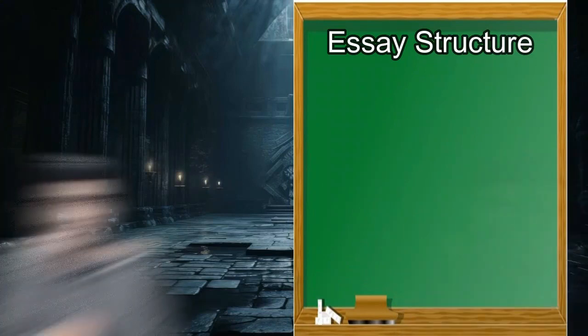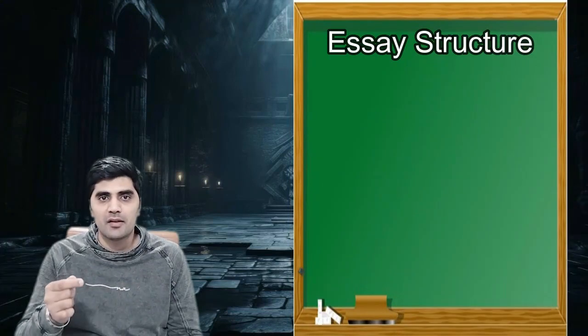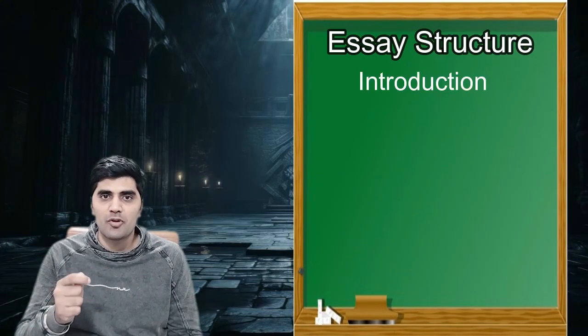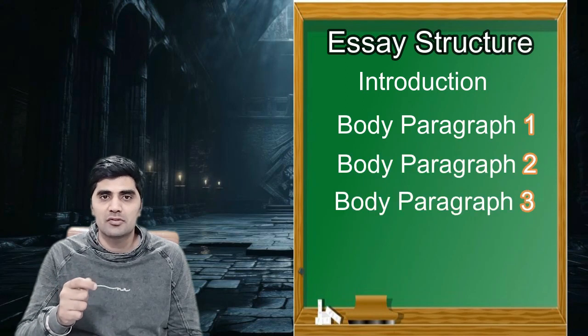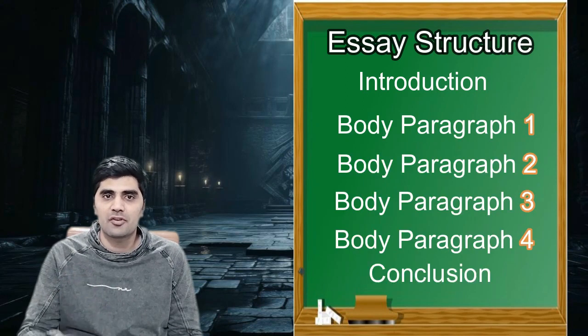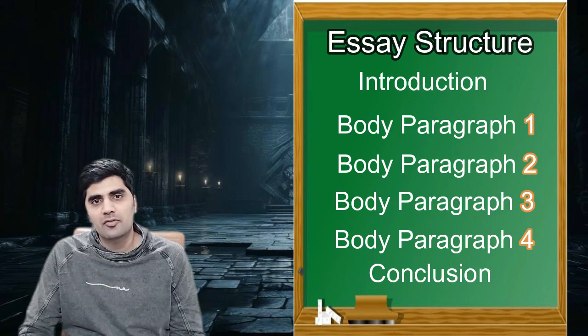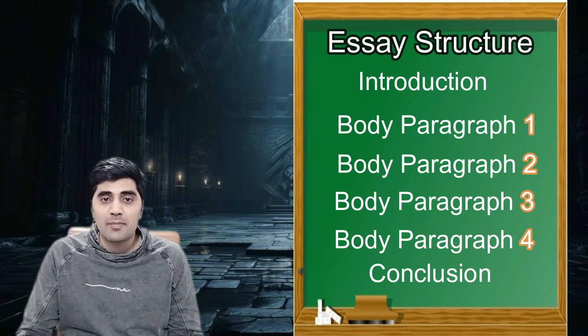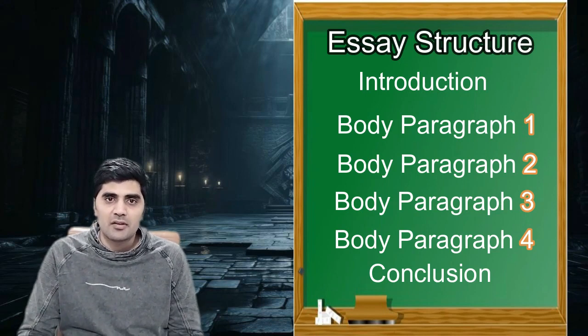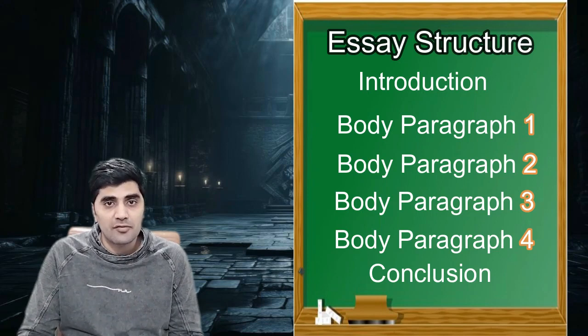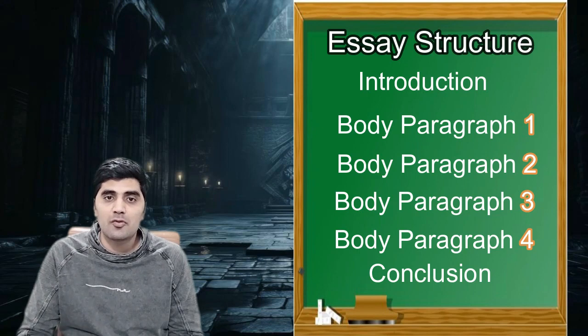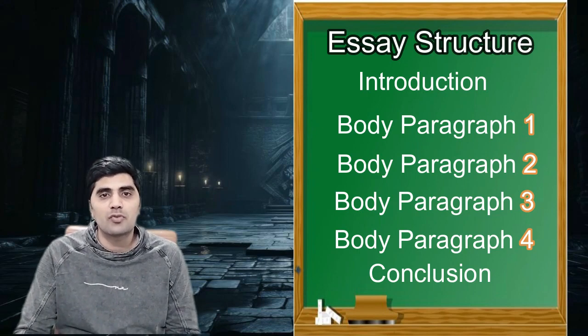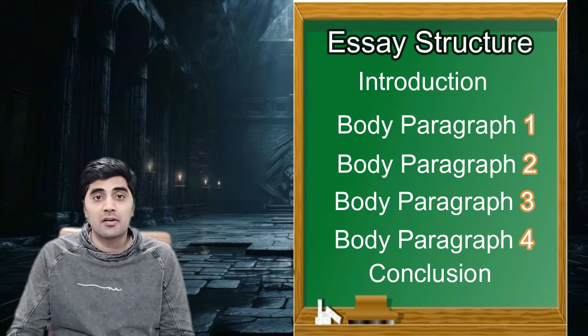Generally, we have this structure of writing: introduction, body paragraphs 1, 2, 3, 4, and conclusion. It depends on the choice of the writer how many paragraphs he wants to make. He can make a minimum of 2 body paragraphs, and it can be extended to 4, according to the nature of the question and idea generation.